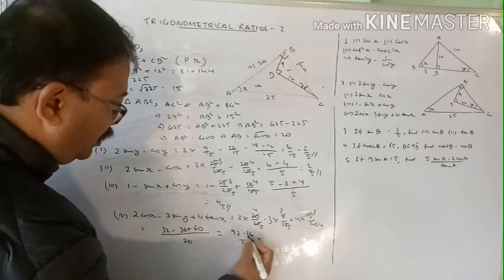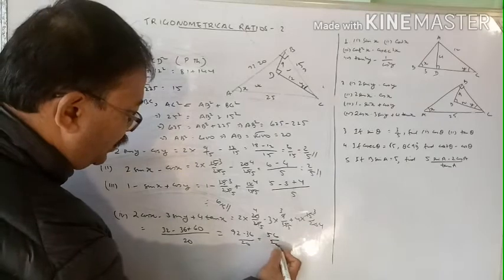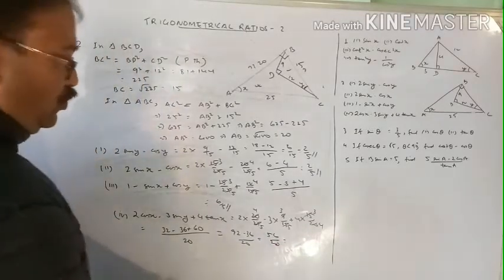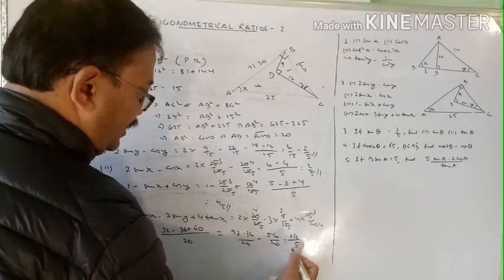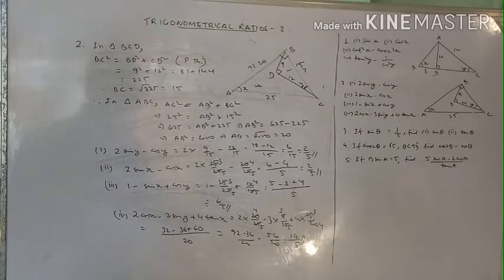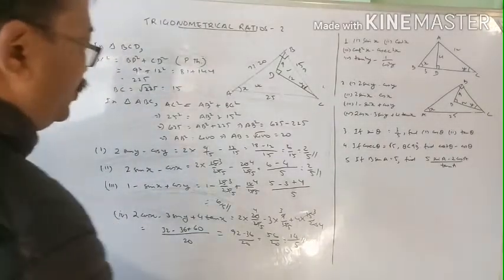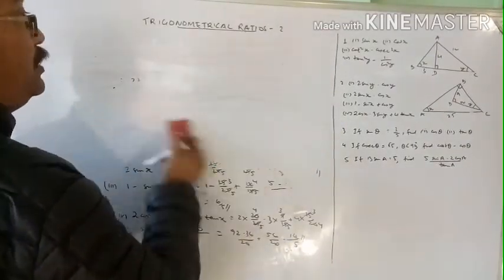So 12 minus 6 is 6, 8 minus 3 is 5, 56 by 20. If you cancel by 4: 4 ones are 4, 4 fours are 16, 4 fives are 20. So 14 by 5. Okay, so this kind of sums you can solve in this way.